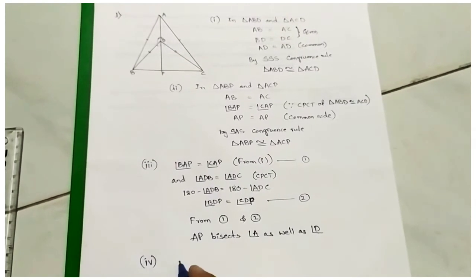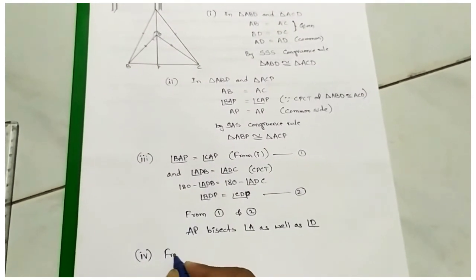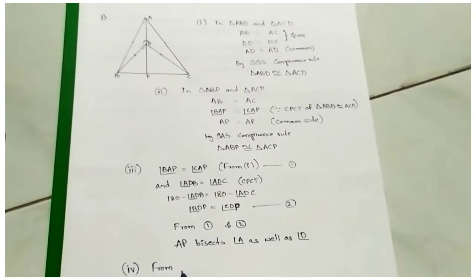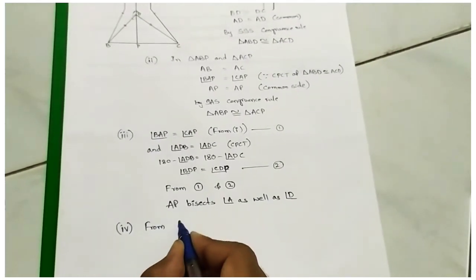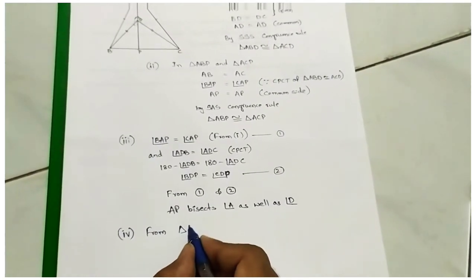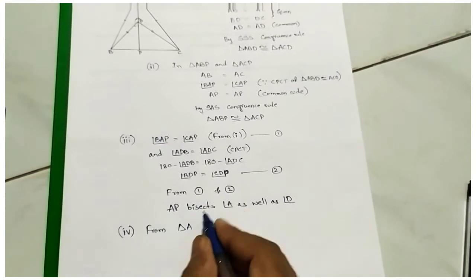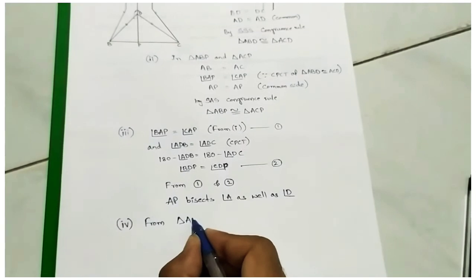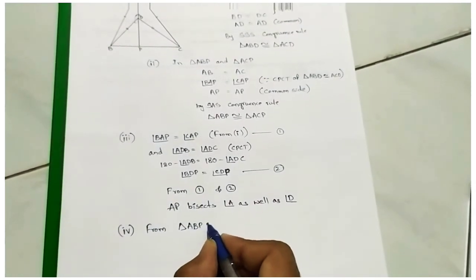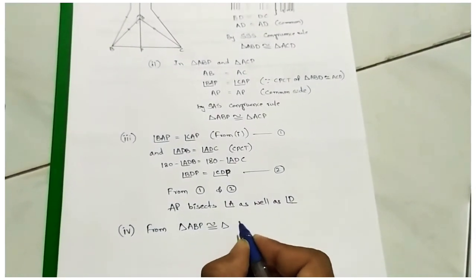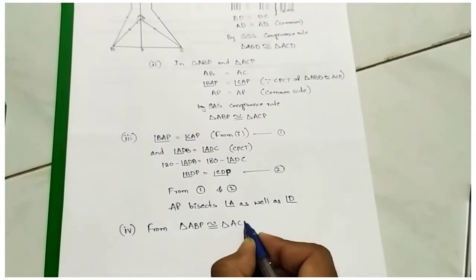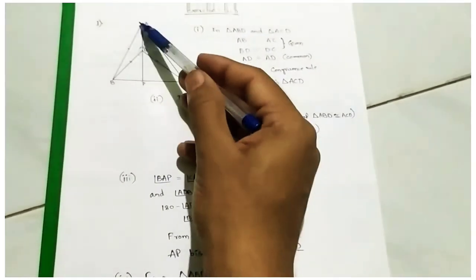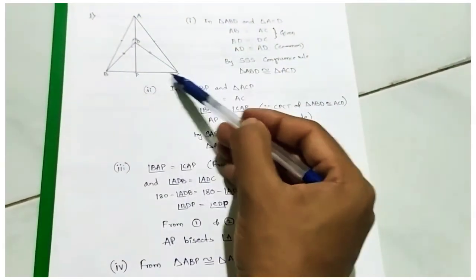See, from the congruent triangles, which triangles are congruent? Triangle ABP is congruent to triangle ACP.